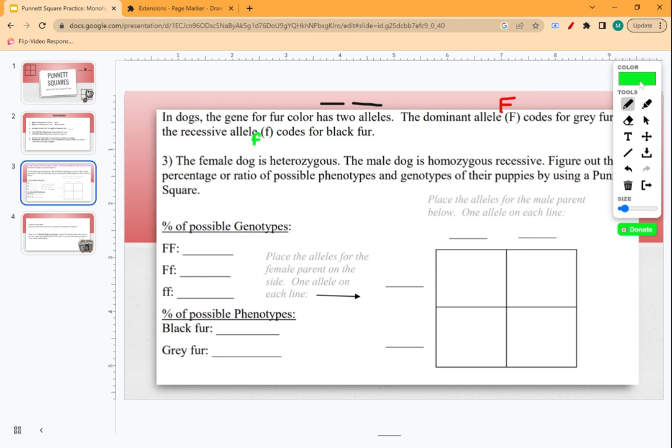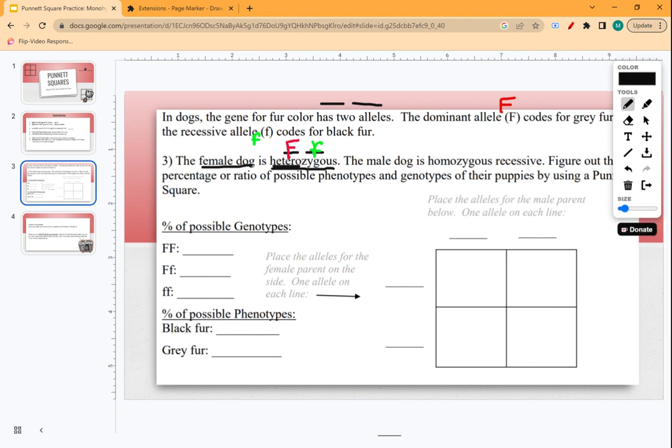Okay? It's saying that the female dog is heterozygous. What does it mean to be heterozygous again? It means you have different alleles. So for the female dog, it's going to be different in terms of the two alleles. You're going to have the big F and the little f.